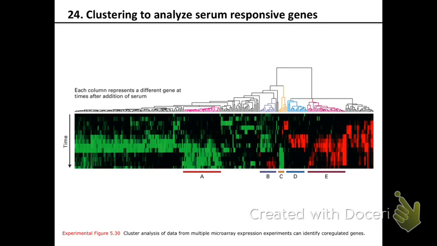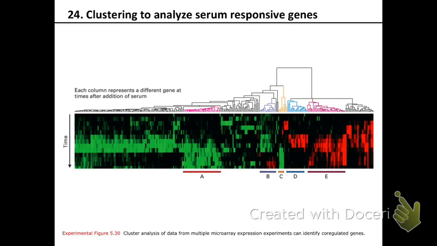So in this case, what we have is all of the genes arranged as columns, okay? So like I said, you can visualize your data however you want. So these researchers put all of their genes in the columns, okay? And in the rows, we have different samples that were taken at increasing time points after the serum addition.